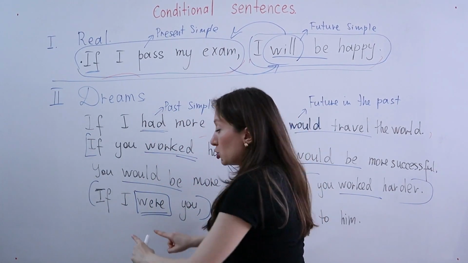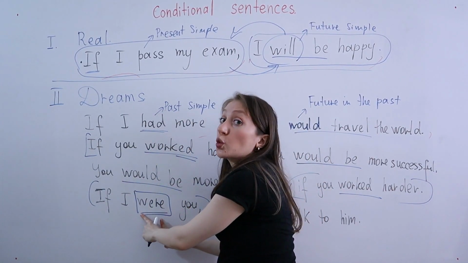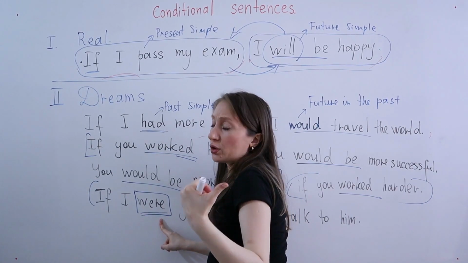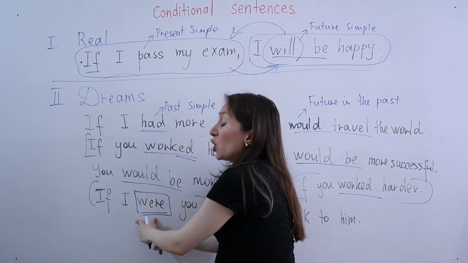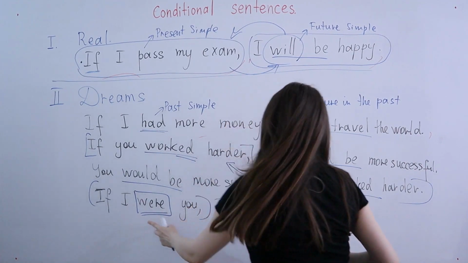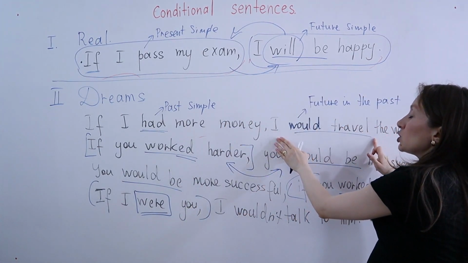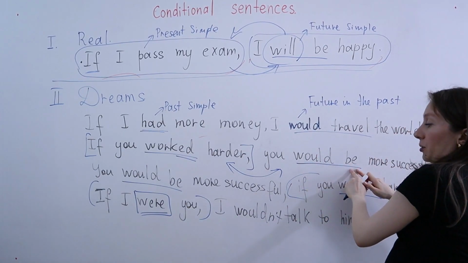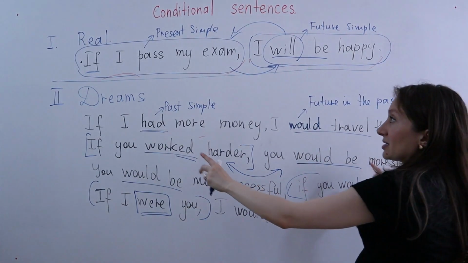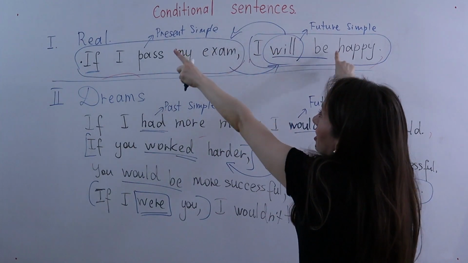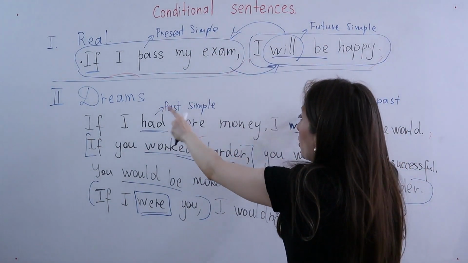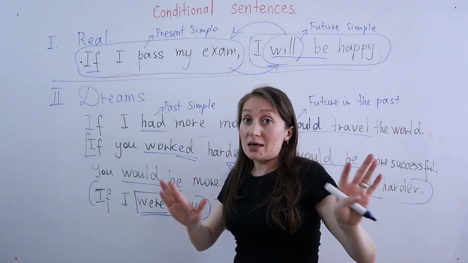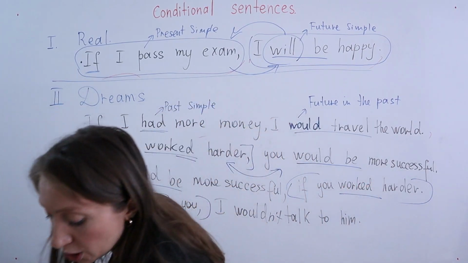If it's the verb to be, we try to use were. Was, is it also okay? Was, no problem, but were is better. And inside main sentence, we use would and a verb. Would, a verb to be, right? Plus, you can change the order of these clauses and nothing changes in the meaning, so no problem.